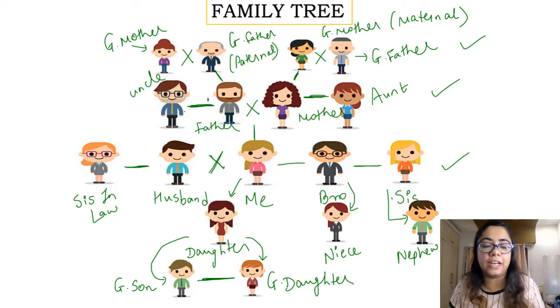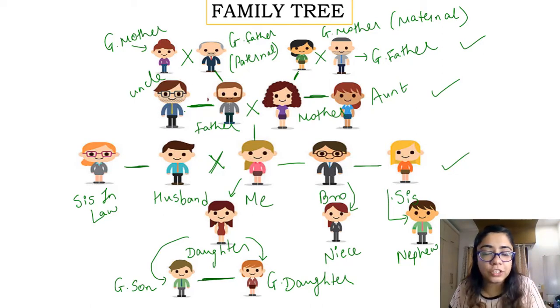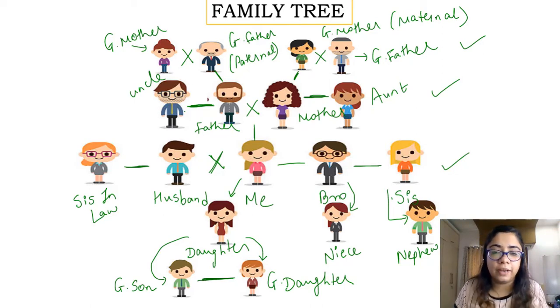Okay, she is my granddaughter. So here we can look at 5 generations. Your generation, generation above you, generation above that, generation below your generation, and generation below that. Generally 95% of the questions are asked on these 5 generations only. Generally they don't go above or below this.